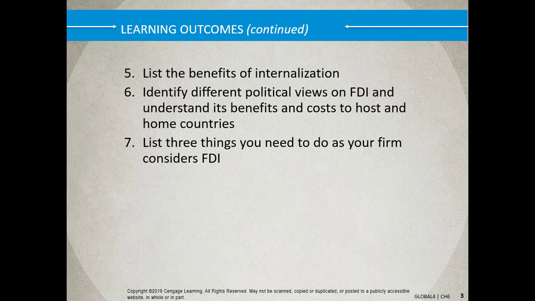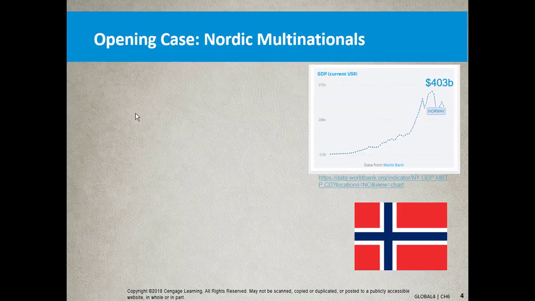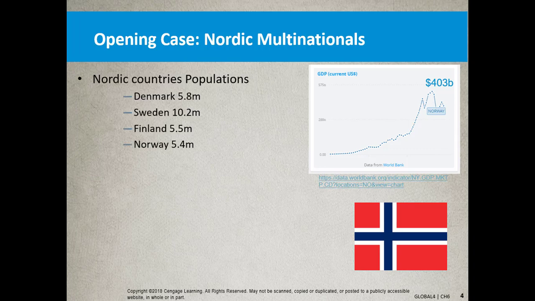All right, so now on page 87, the opening case is about Nordic multinationals, right? What I wanted to do here is highlight the countries that your author discussed in the Nordic multinationals with current population. So Sweden is the most populous at 10.2 million. Denmark 5.8, Finland 5, and so basically all 5 except for Sweden, that's about twice the population of the others.